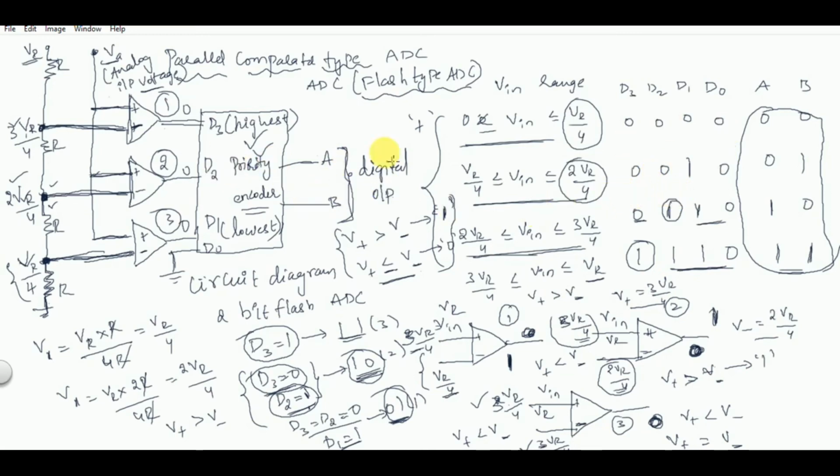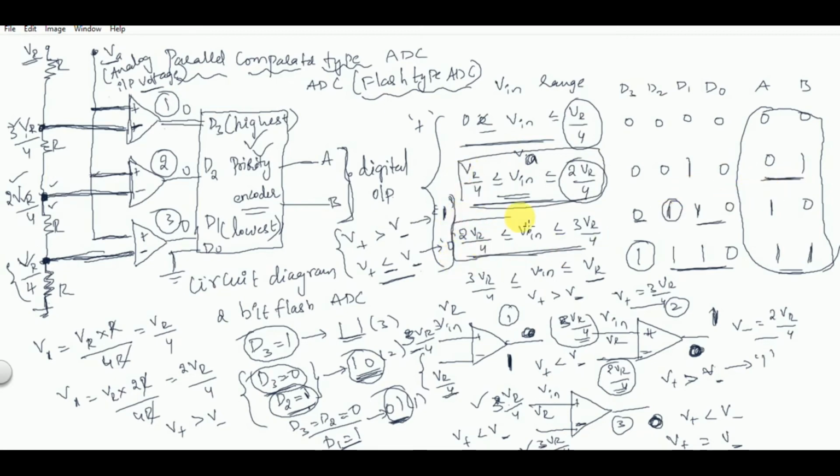Okay, so it all now depends on the value of VA, the analog input voltage. If the voltage is in this range, you'll get the output as 0, 1.